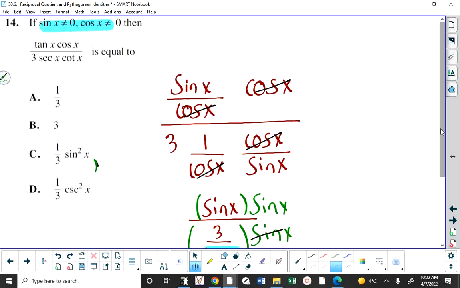On the formula sheet, it says 1 plus tan squared of theta equals secant squared of theta. How come 1 plus tan squared of theta is not equal to 1?